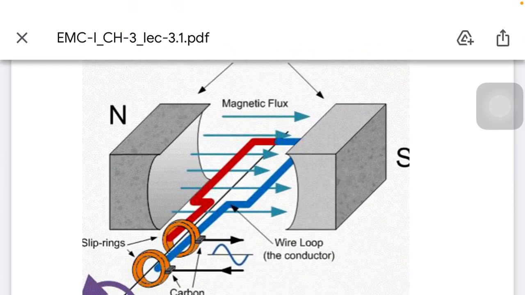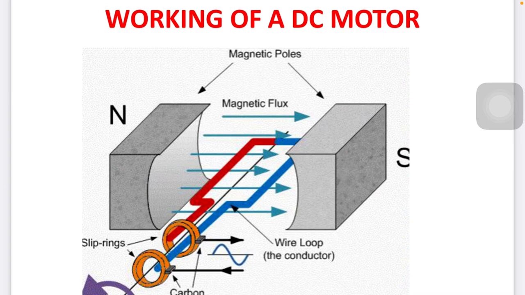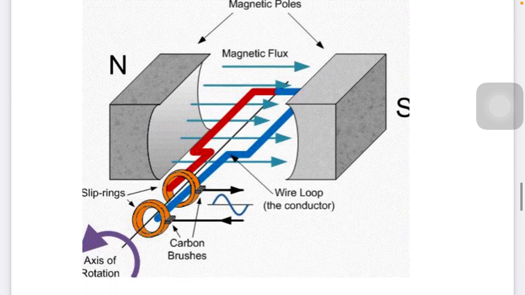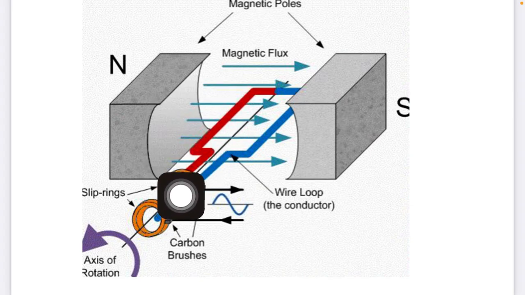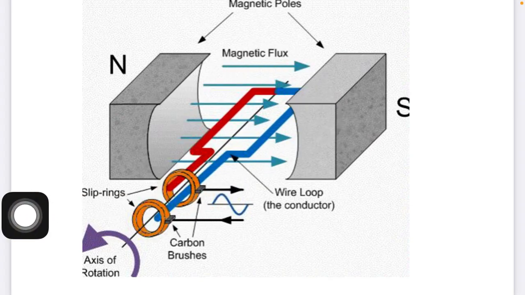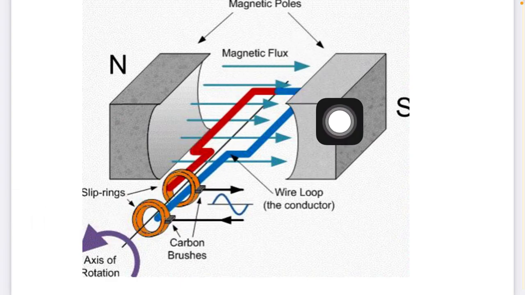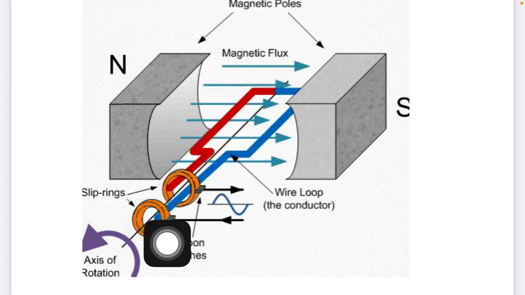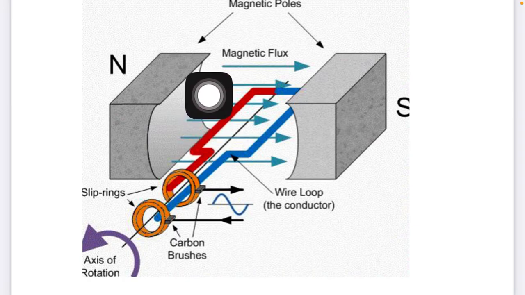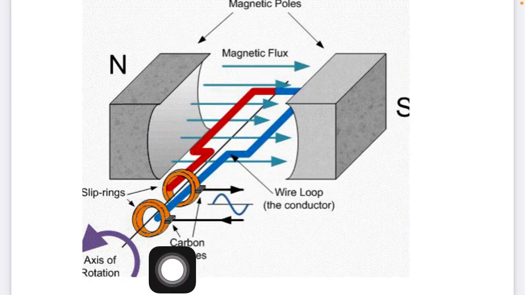Now working, as we discussed in Google Meet. The working principle is the most important part of the motor. Definition wise, whenever a current carrying conductor is placed in a magnetic field. So we need a current carrying conductor. Suppose I consider one conductor set; there are many such sets, but I consider only a single set, which at one point is connected with the positive and at the other with the negative.